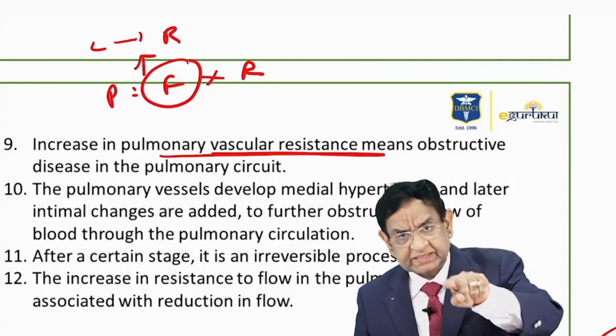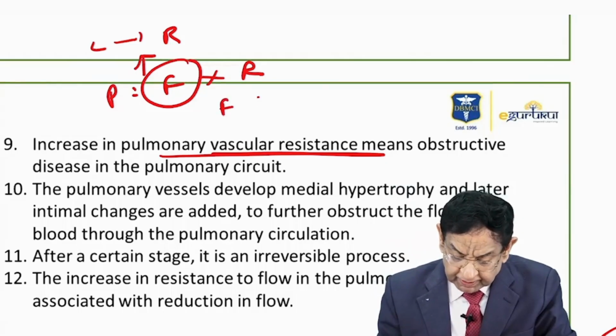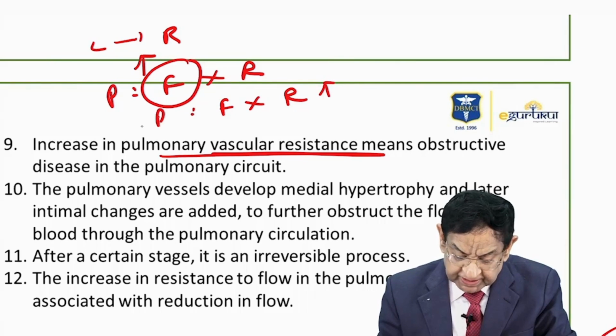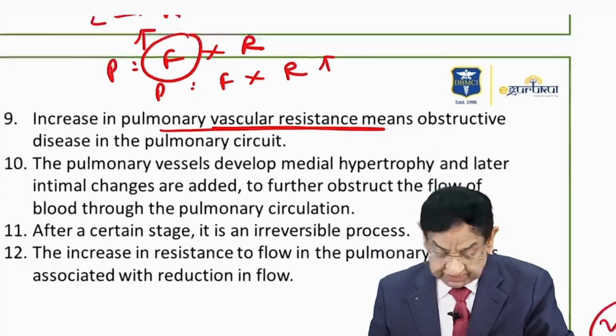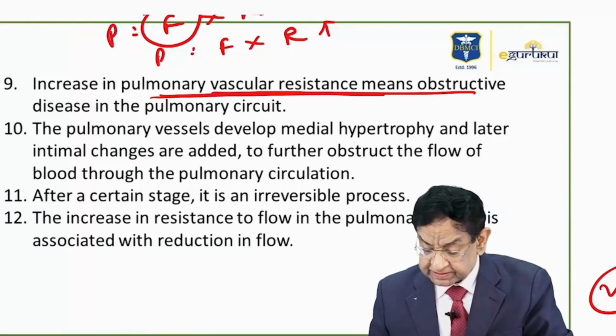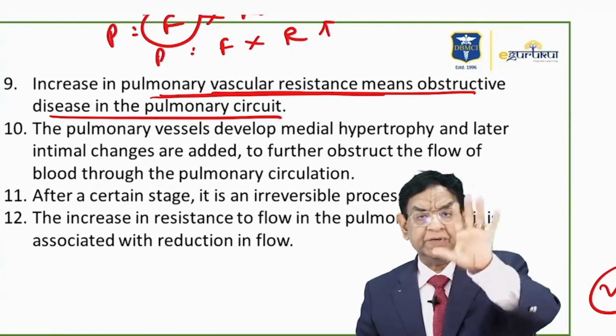Now the second scenario, where the flow is normal but resistance is increased. The pressure will increase, definitely. Once we talk about pulmonary vascular resistance, it means obstruction in the pulmonary circuit.